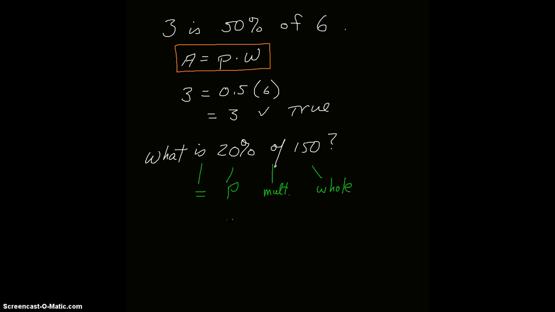So I have P times the whole amount is equal to what? Well, we don't know, and in this case we'll call it A. So A is equal to 20%, 0.2, times the whole amount, 150, which is equal to, let's see, 2 times 15 is 30, so this would be 300. I have a decimal point here, so I'd move it, so the answer is 30. So 30 is 20% of 150.